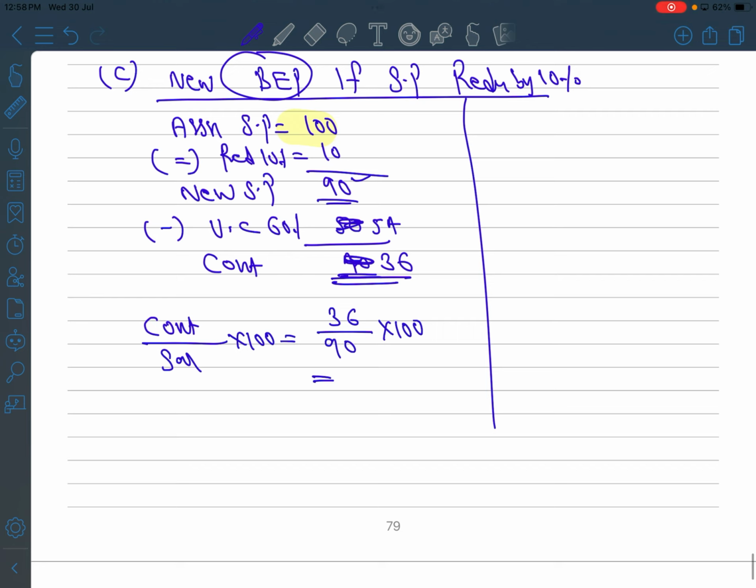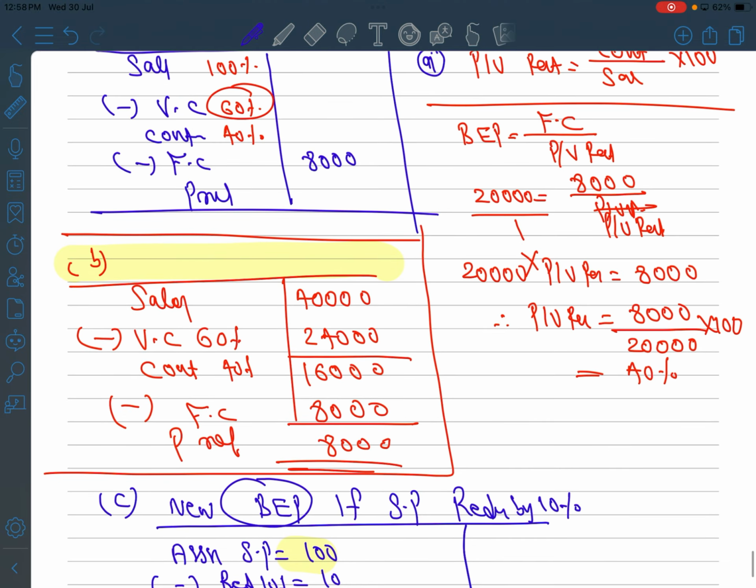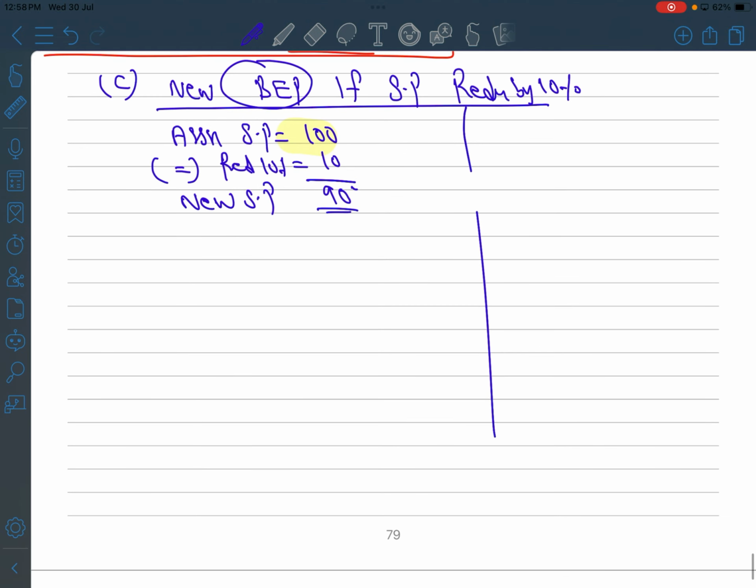No, there is a mistake. Listen. Actually, up to this it's okay. We know that selling price is not based on what? Variable cost is not based on selling price.